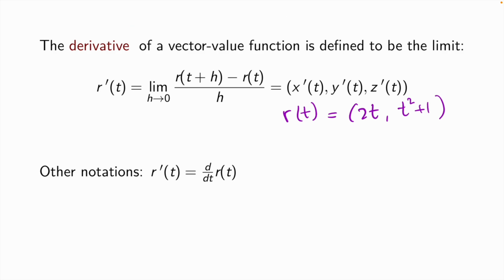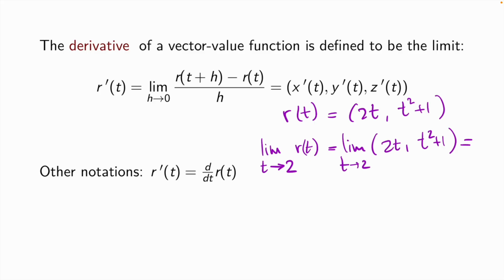If we want to calculate the limit of this function when t goes to, let's say, 2, this is nothing but the limit of each of the components of this vector.